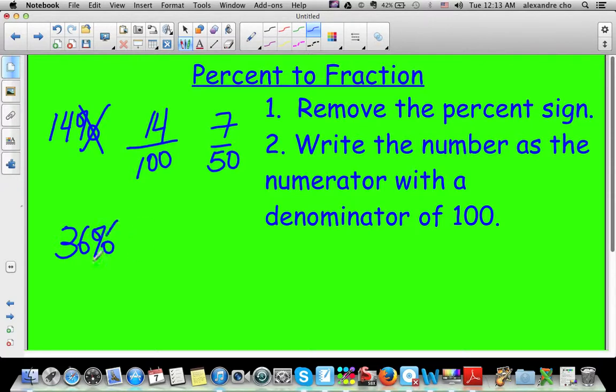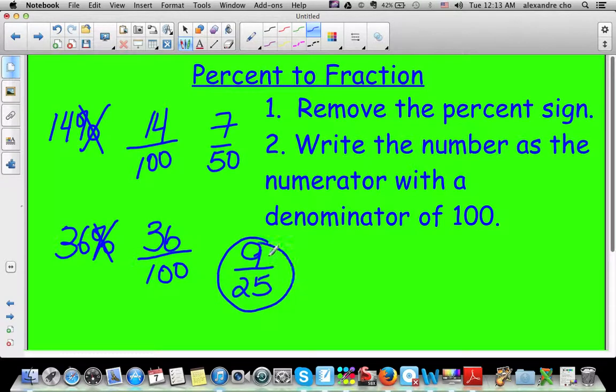Alright, so for step 1, remove the percent sign and then write that number left over out of 100. Divide top and bottom by 4. 36 divided by 4 gives me 9, and 100 divided by 4 gives me 25. Final answer, 9 over 25. Okay, and that's how you change a percent to a fraction.